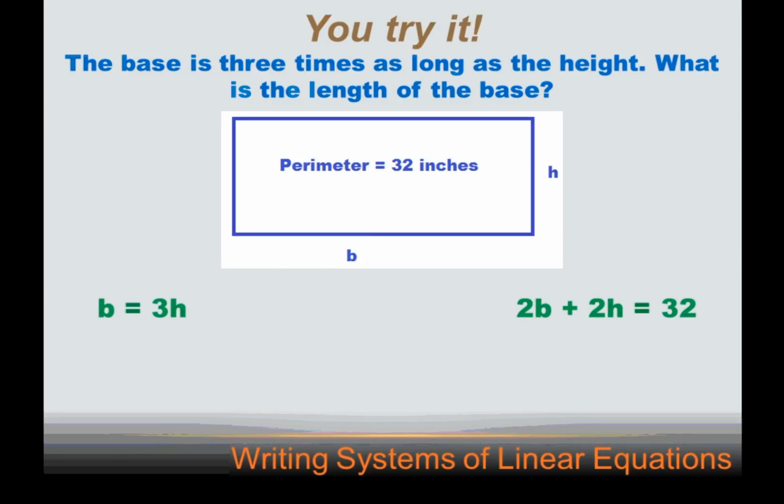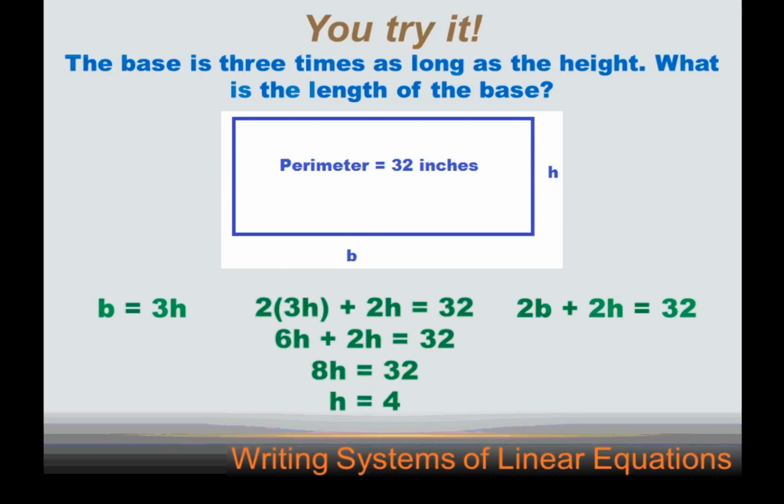Now we've got 2 equations, and we can solve them and figure out what both b and h equal. We know that b equals 3h, so can I just substitute 3h for that b and then solve this equation? Yep, I sure can. I can say 2 times 3h, 2 times b, plus 2h equals 32.